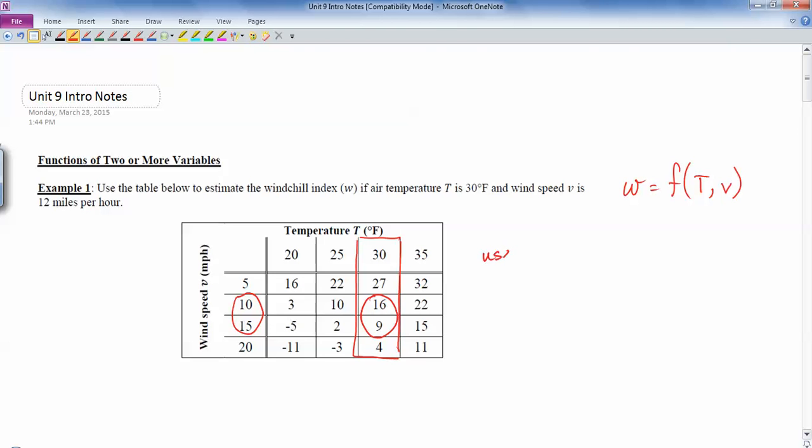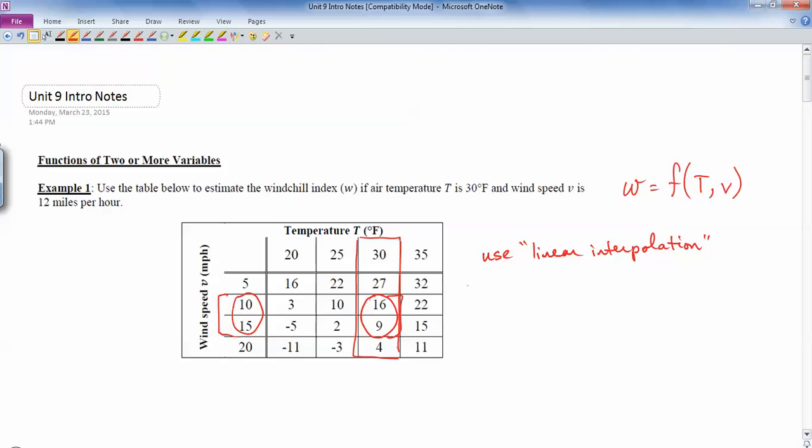So use linear interpolation, which basically means assume that this data, at least between 10 and 15, where the wind chill is 16 and 9, in degrees Fahrenheit, follows a linear pattern just in this region right here.